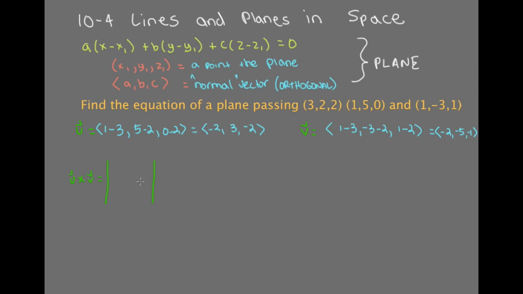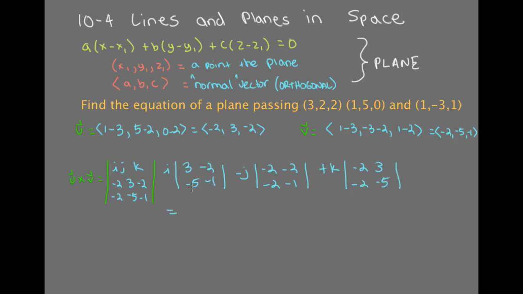And then we will take the cross product of that. So i, j, k, negative 2, 3, negative 2, negative 2, negative 5, negative 1. And using the cofactor method, i times the determinant of 3, negative 2, negative 5, negative 1, minus j times the determinant of negative 2, negative 2, negative 2, negative 1, plus k times the determinant of negative 2, 3, negative 2, negative 5.